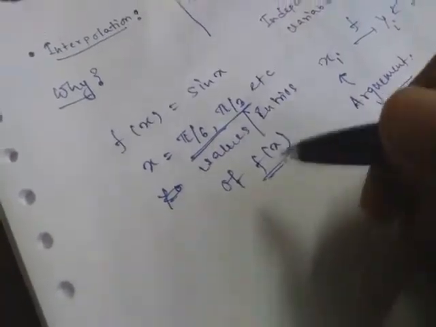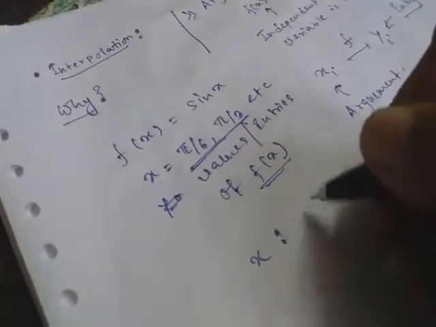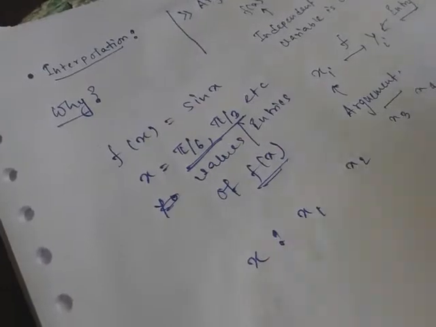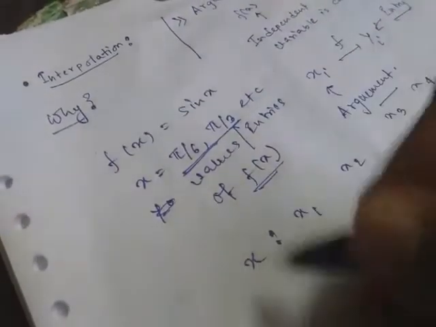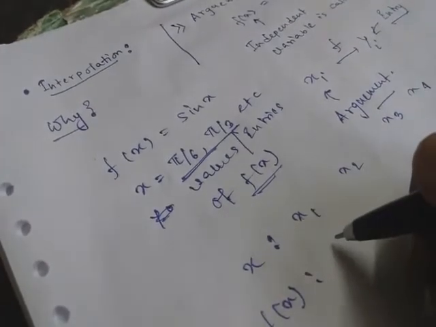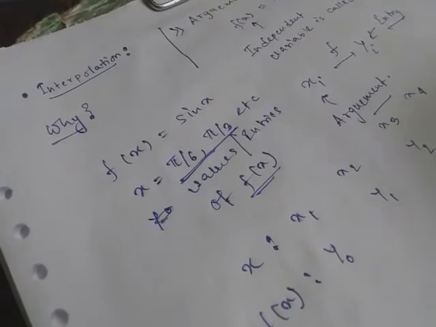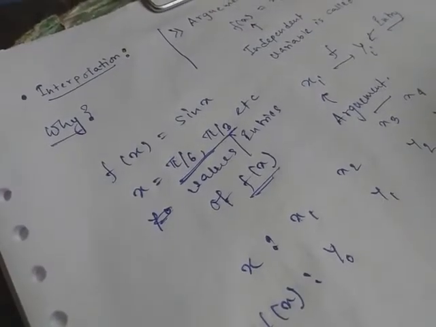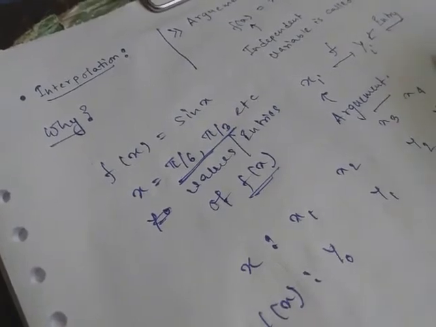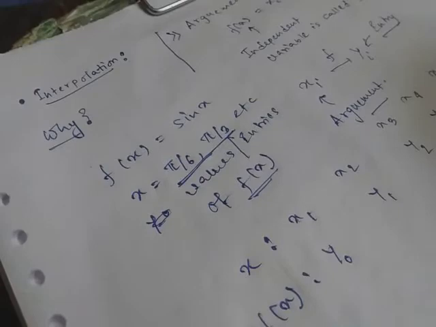But suppose we are given the arguments x1, x2, x3, x4, and the entries y0, y1, y2, and y3, and they ask us to find the corresponding entry for the argument x5.